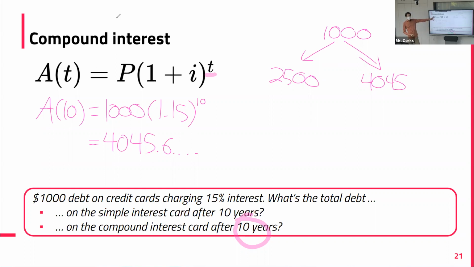So anytime you're in a situation with interest, make sure you know the exact terms and what kind of interest you are dealing with. The dollar values and differences here are very large. All right, so these are the two formulas.